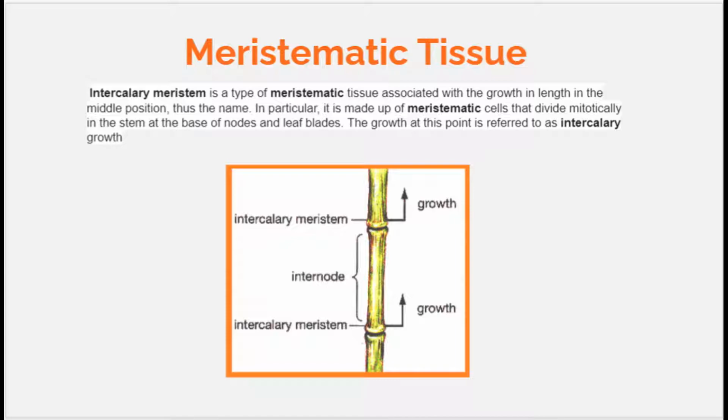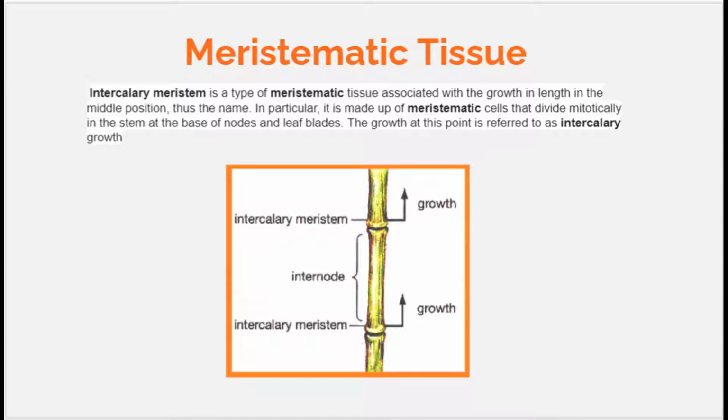Those are the places from where the branches grow. And the juicy portion of the sugarcane is actually the internode. Only in that portion is the intercalary meristem present. As I have told, examples are the grass stem, the bamboo stem, and the mint plant stem.